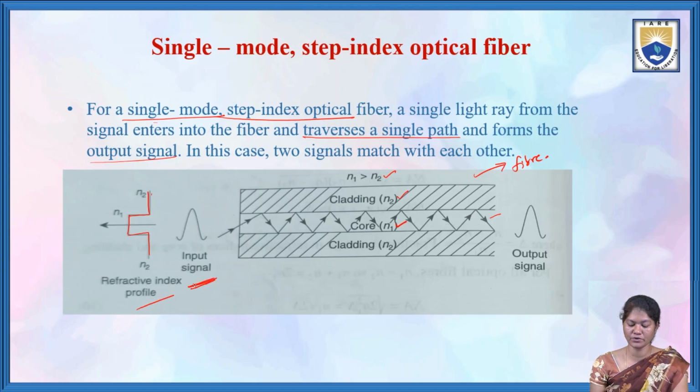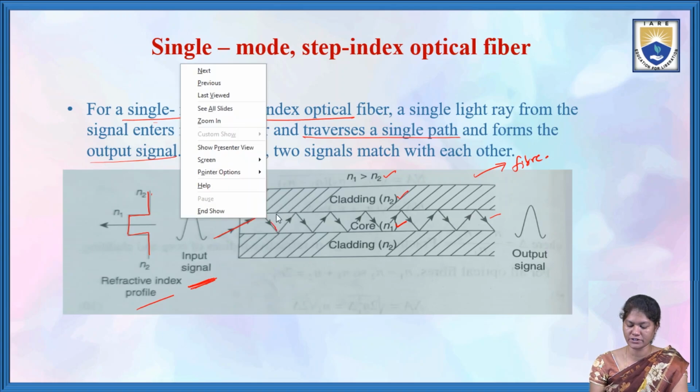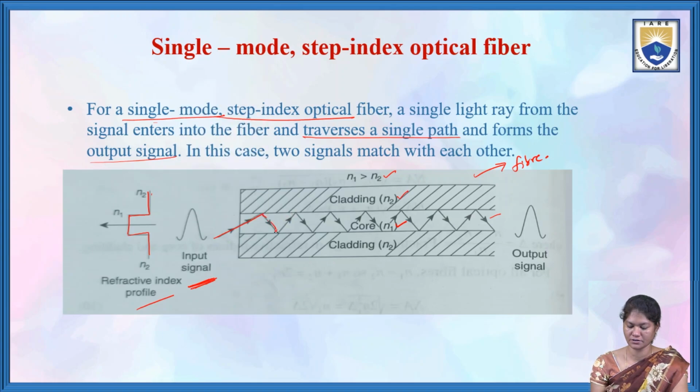So here the input signal enters into the fiber, that is a single light ray, a single input signal is entering the optical fiber and it traverses a single path and forms the output signal.